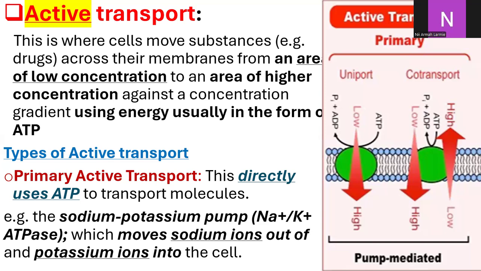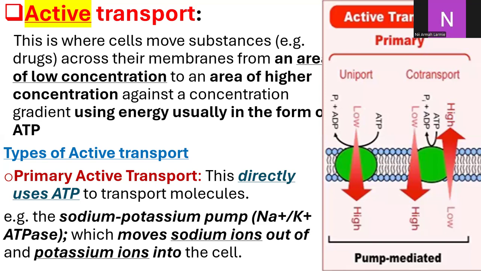This is an example of a primary active transport where the channel directly utilizes the energy to do the movement. Here we have our agent in lower concentration and we are moving it to a higher concentration, so the energy is required to transport it.